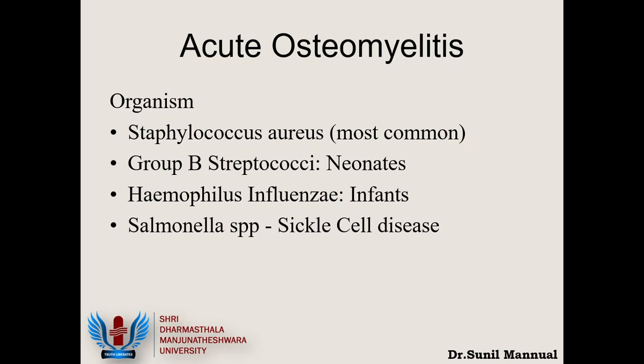Now, what is the importance of knowing that Staphylococcus aureus is the most common organism? The importance is whenever we receive a child or a patient with acute osteomyelitis, the antibiotic that we give should cover Staphylococcus aureus. So that is the dictum, that is the empirical treatment.